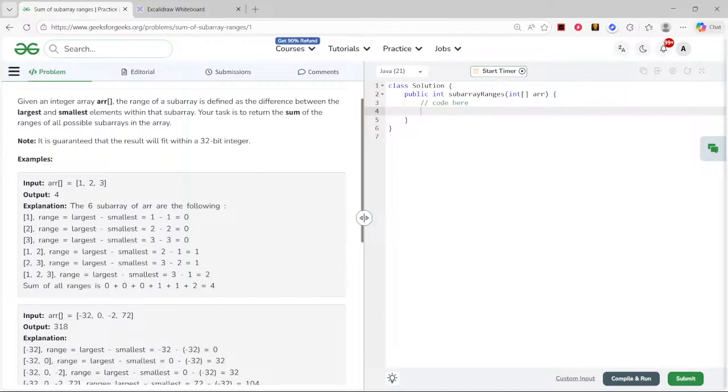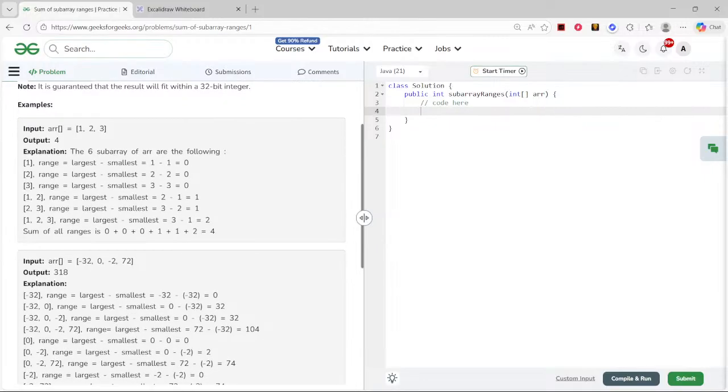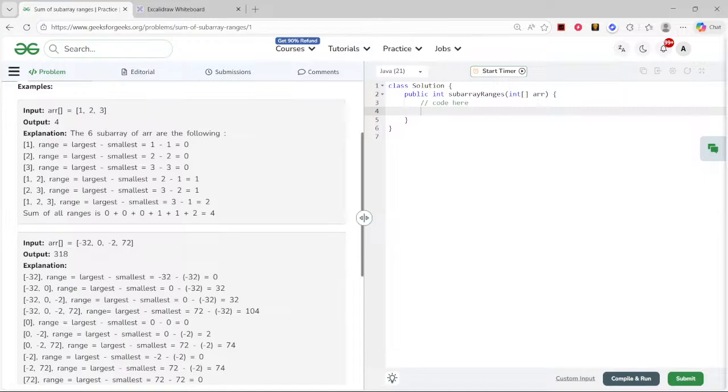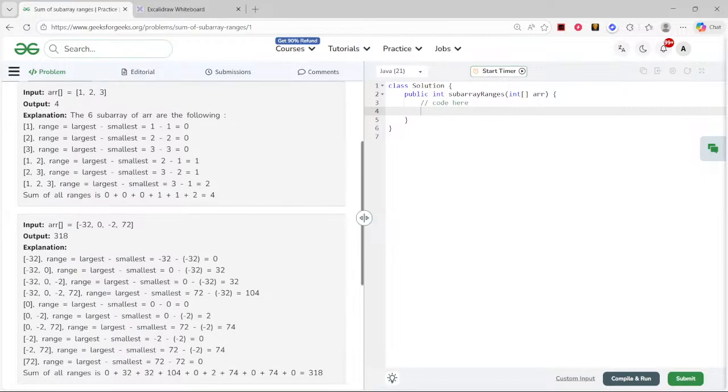Now this array is 1 2 3, the output is 4. Okay, 1 2 3 and the output is 4, so there are 6 subarrays in total, and the range of one is largest minus smallest.